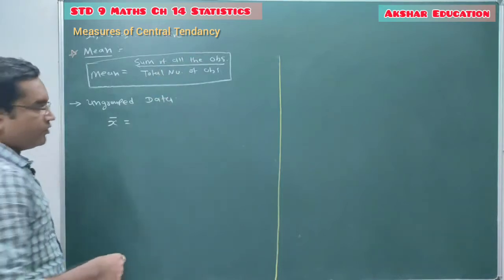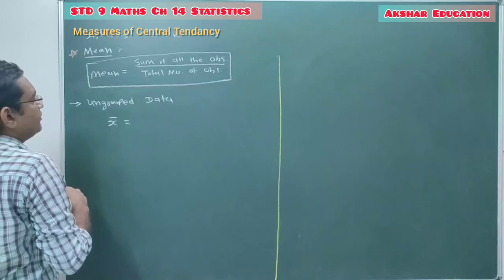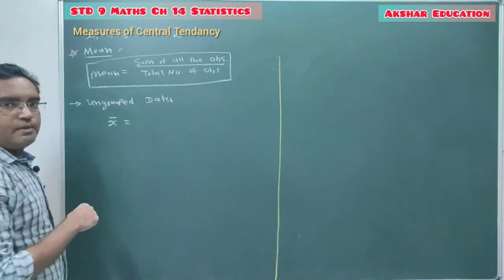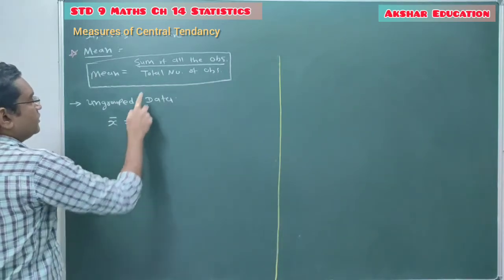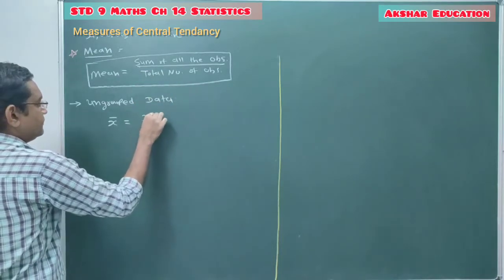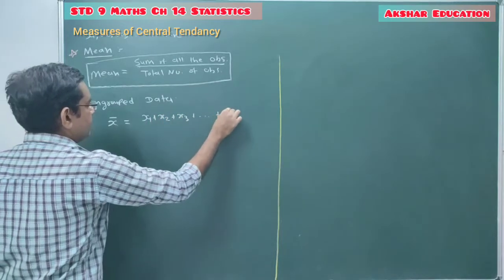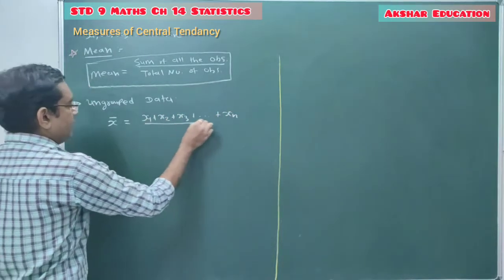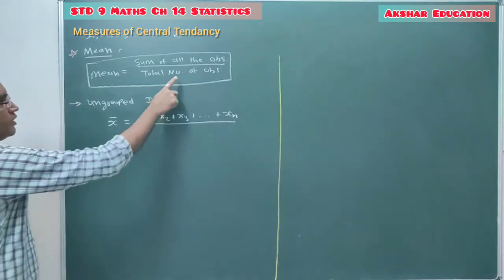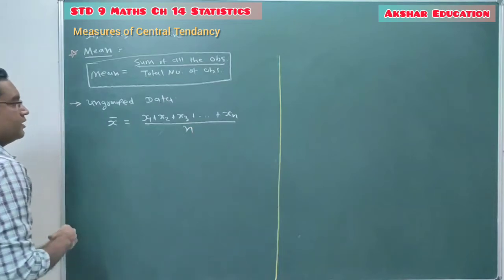Suppose n number of observations are given. If you want to find the mean of this ungrouped data, that is represented by x bar, and here you have to consider the sum of all the observations. So it's x1 plus x2 plus x3 up to xn divided by the total number of observations. Here 1 to n, total n number of observations are there.